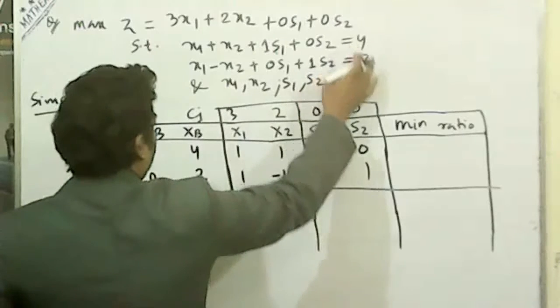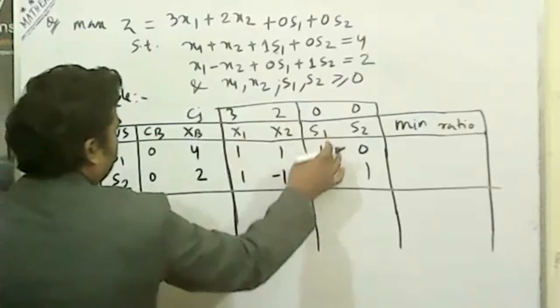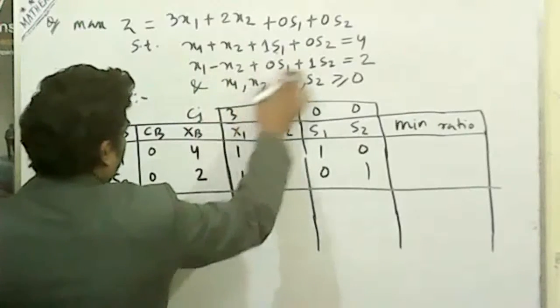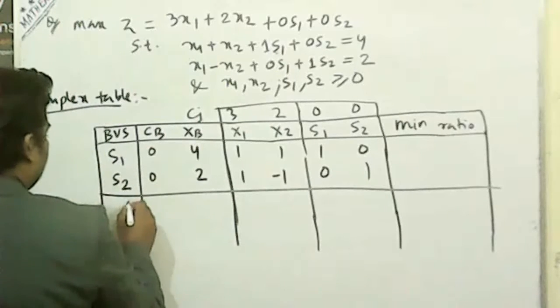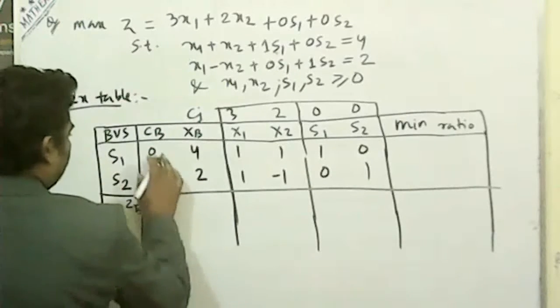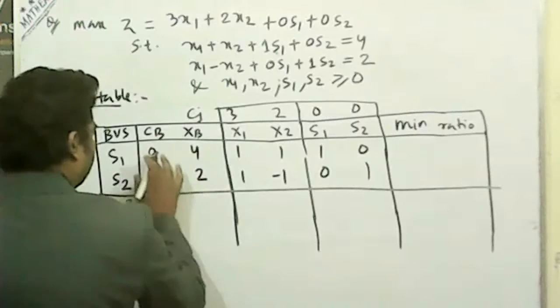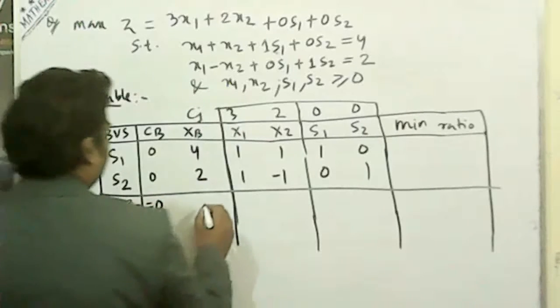XB is 4 and 2, and these are the coefficients of X1 and the others. Now ZB is equal to CB into XB, that means 0 into 4 plus 0 into 2, which is equal to 0.